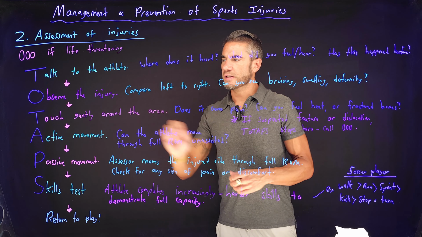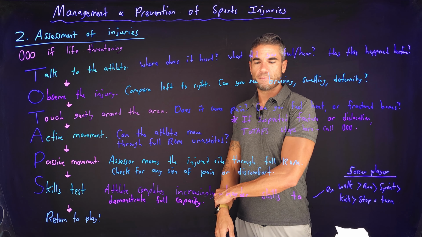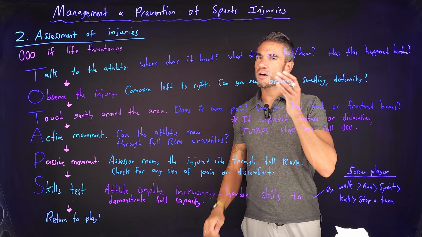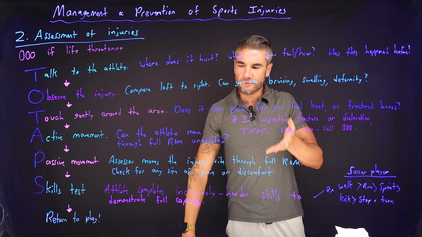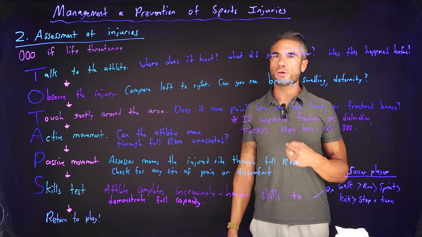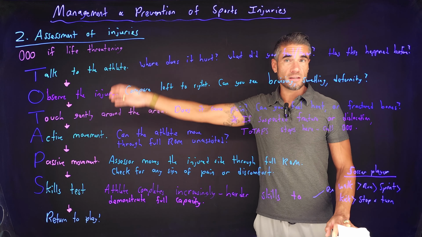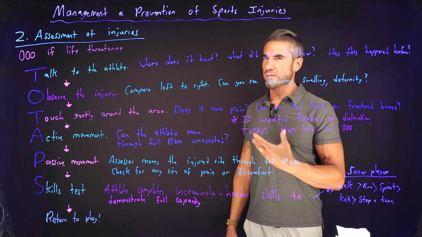We're going to move on to the next step, which is our passive movement. So now you're going to grab their arm and move it through full range of motion for them. Now, the difference here is that when you do this, because your nervous system is really good at protecting you from things like pain, I can move my shoulder through a full range of motion and be like, yeah, this doesn't hurt, but I'm not really moving it through a full range of motion.